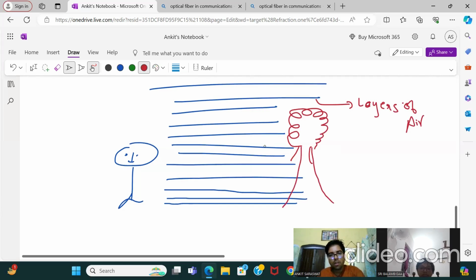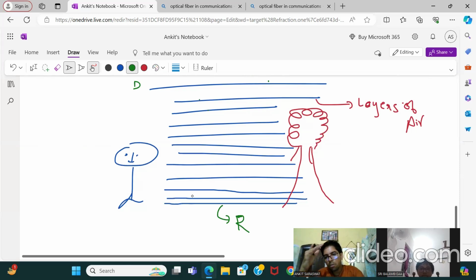So from here, this is denser. This is denser, more dense, less dense, very less. This is the rarest, or I can say highly rare, medium. This bottom layer is the rarest.